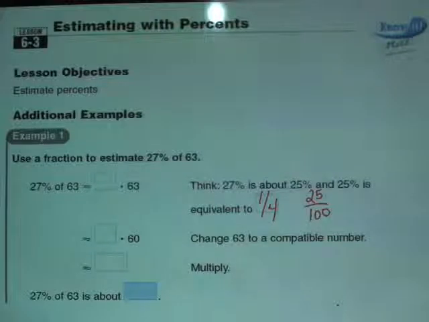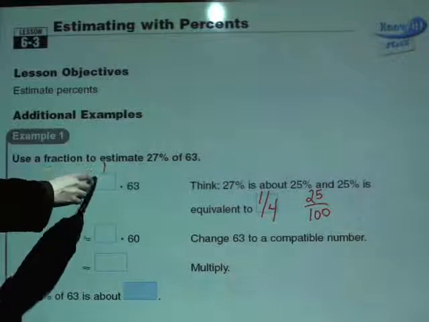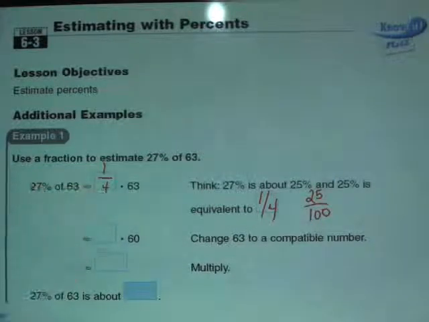So really what I'm finding here is a fourth of 63. Well, the word of, as you hopefully remember, implies multiplication. So it's really a fourth times 63. Now, the nice thing is here we're estimating, because working with 63 isn't really all that nice. Instead, what they did there is they changed 63 into 60, something very close. Since we're estimating, that's not really an issue here.